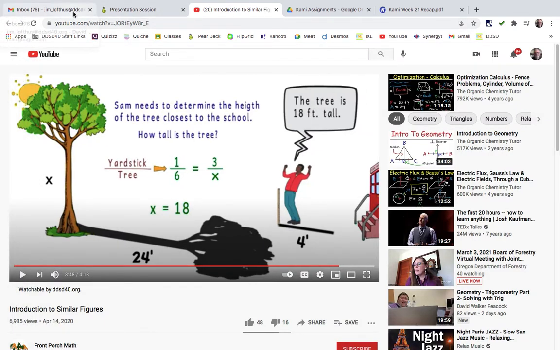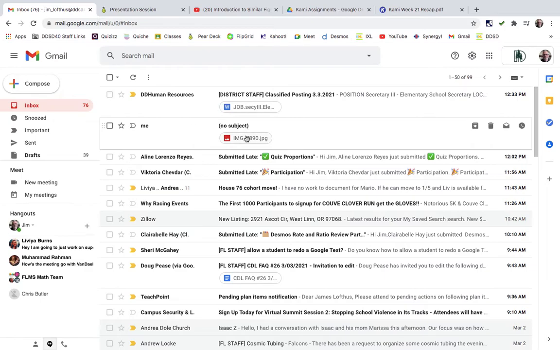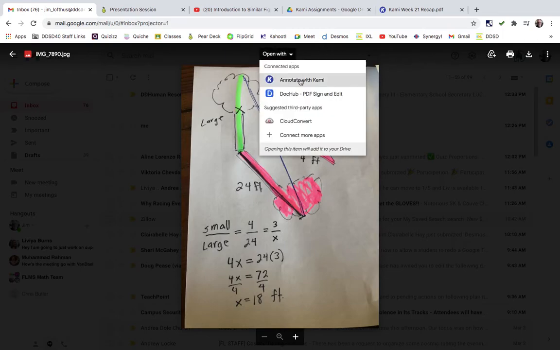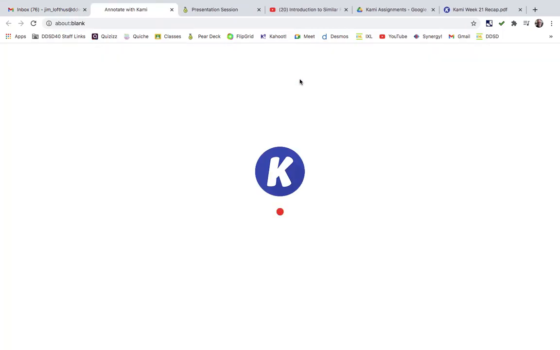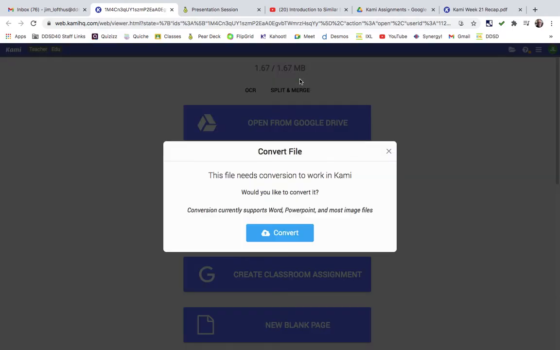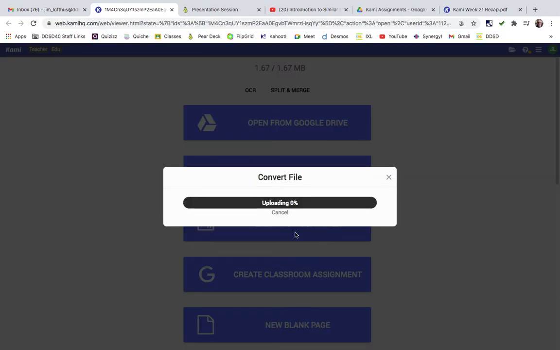And here's a picture of the notes that we took in class. And notice how we, wait for this to load up. Notice how we used color for corresponding parts.